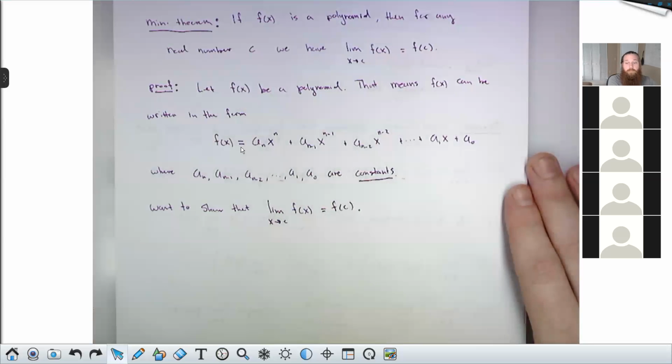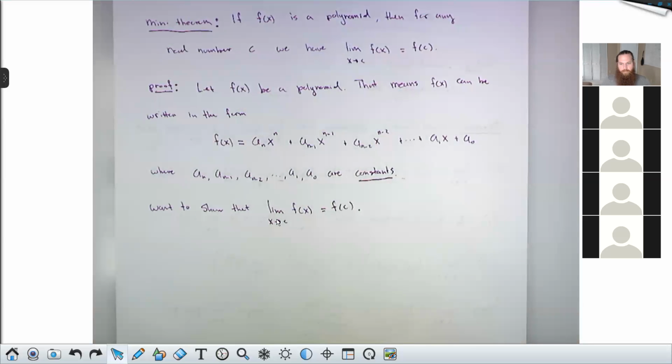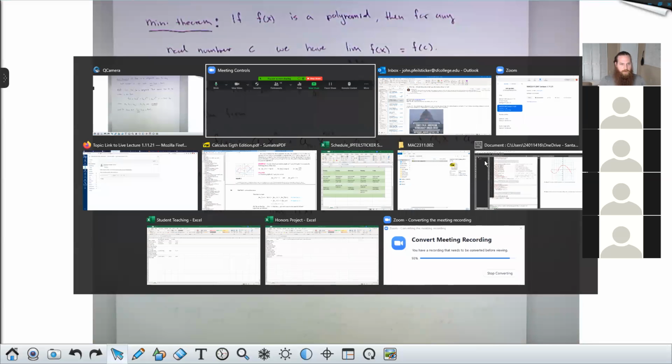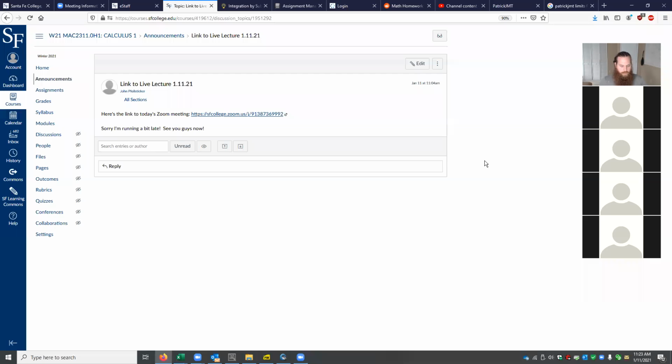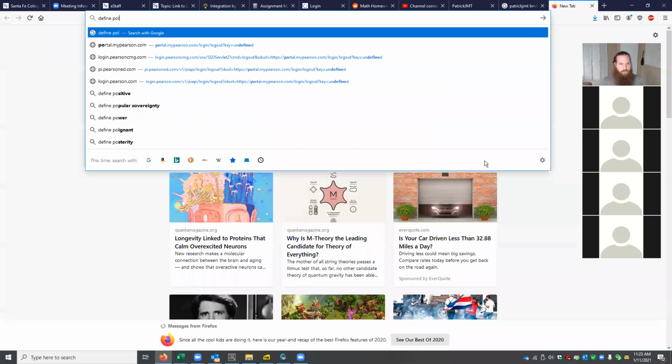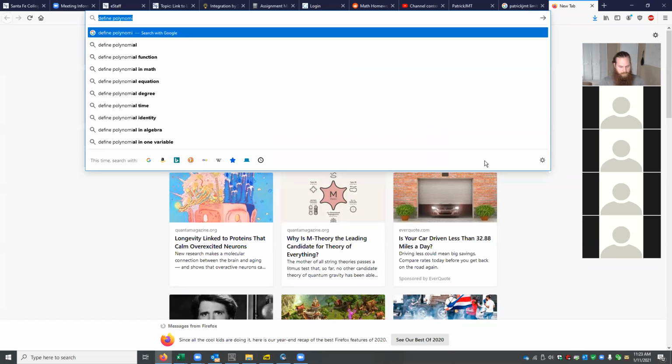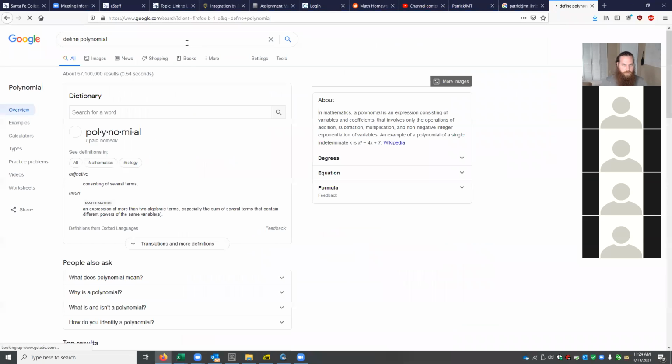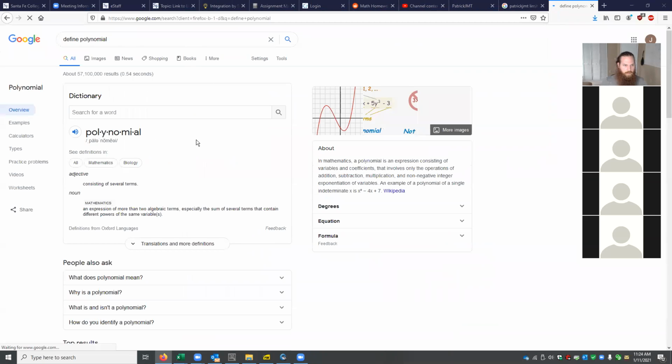I'm a bit confused on why the f of x equals an x to the n, and then below, oh wait, never mind, I just figured it out. That's okay. So this is just the definition of a polynomial, right? I know it looks weird and scary. It's not how we're quite used to seeing them, because we usually work with specific ones, but it's the definition of a polynomial.